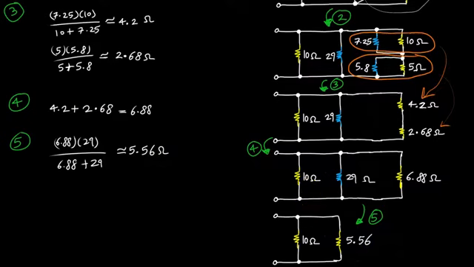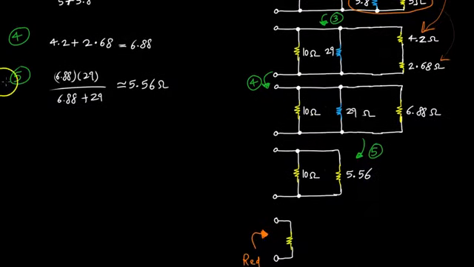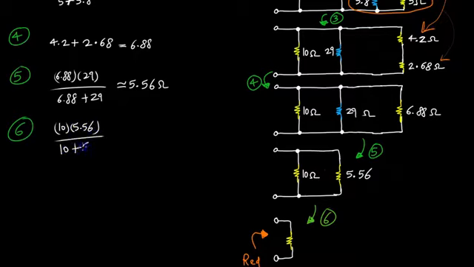Now in the sixth step, we do the final step, which is to combine these in parallel, and that's going to be 10 times 5.56 over 10 plus 5.56, which should be roughly 3.57 ohms.